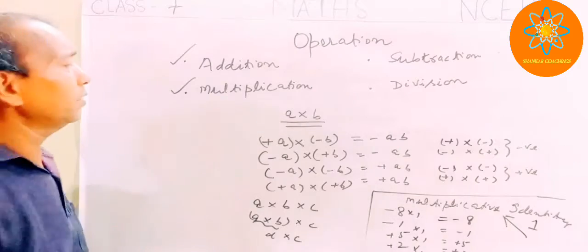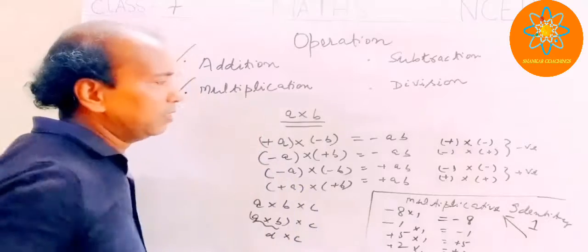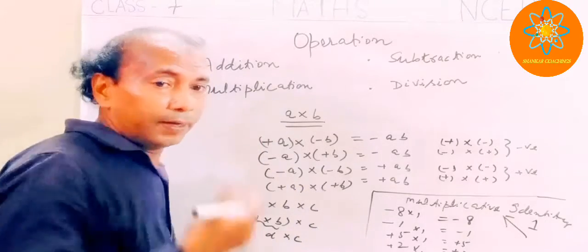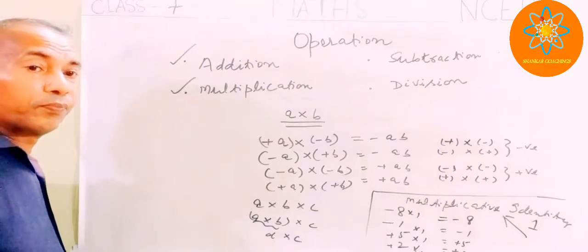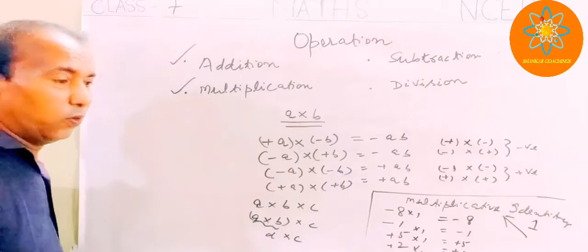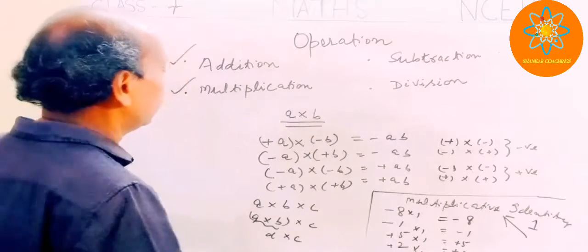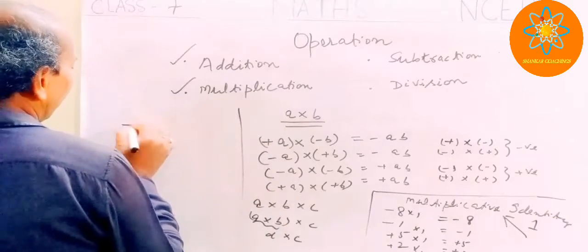Now one more thing in the case of the multiplication of integers: when you multiply any number with 0, you will get the value 0. For example, I have minus 8.